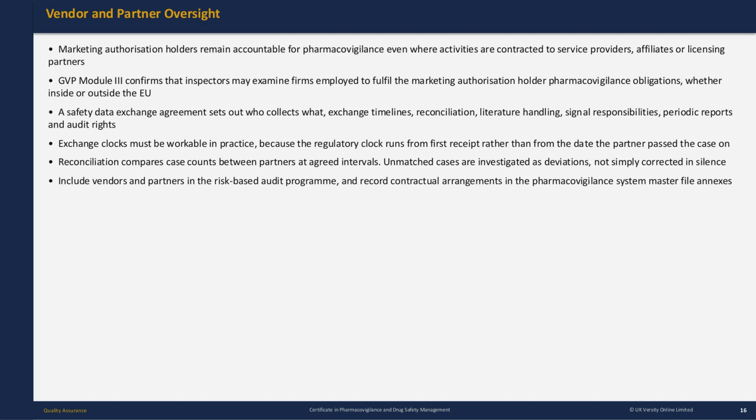A safety data exchange agreement sets out who collects what, exchange timelines, reconciliation, literature handling, signal responsibilities, periodic reports, and audit rights. Exchange clocks must be workable in practice because the regulatory clock runs from first receipt rather than from the date the partner passed the case on.